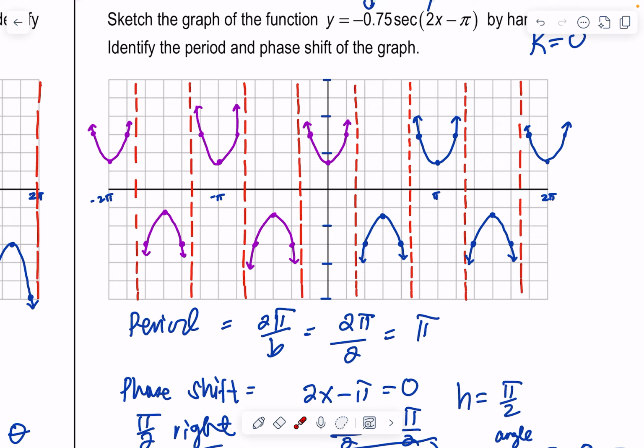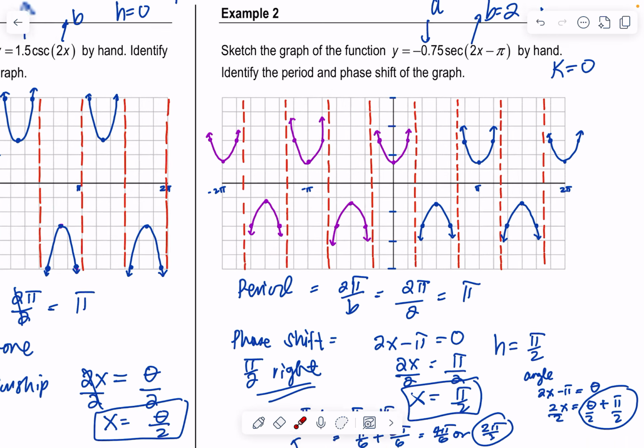So after the vertical asymptote, I have a dot at 1.5. Before the vertical asymptote, I have a dot at negative 1.5, right? So it has the same pattern to the right and to the left.